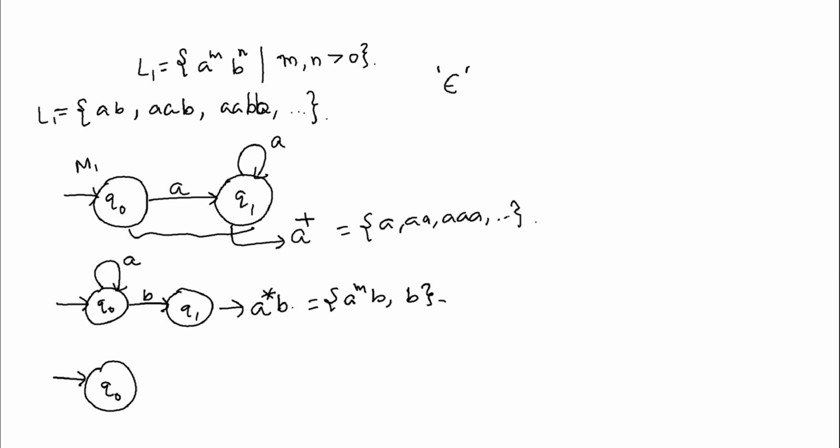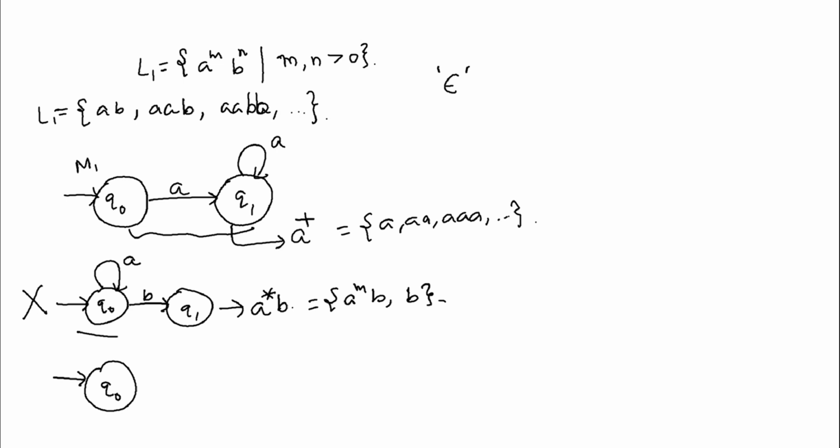It means this is not the DFA for this language, because we want m to be greater than 0. So this is not the DFA for L1. The DFA M1 can become the DFA of L1, depending on how we progress further in this direction.